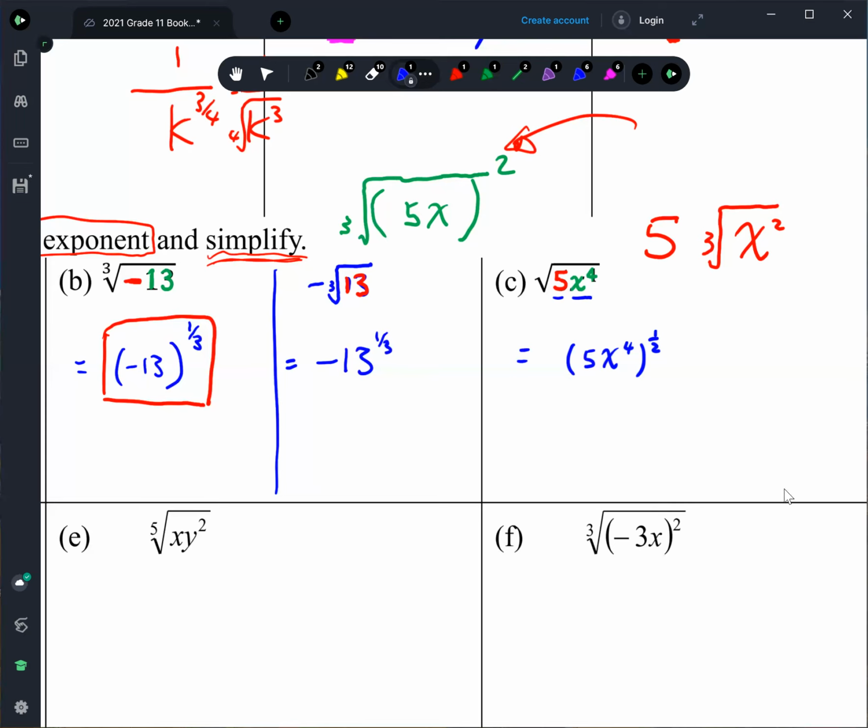Okay, Shanier, did you do anything else? Shanier, what's your answer look like? Shanier, are you there?